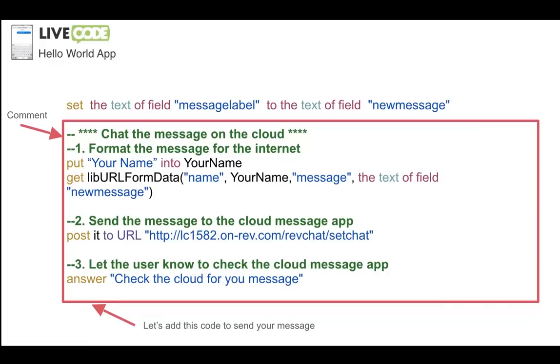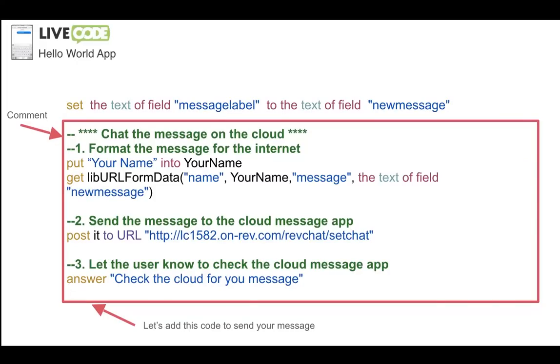First of all, we format the message so that it's ready to send to the internet. Here we have your name, and when you're putting this code in, replace your name with your own name. So what we've just done there is declare a variable, which is a kind of box that you use to store information in.